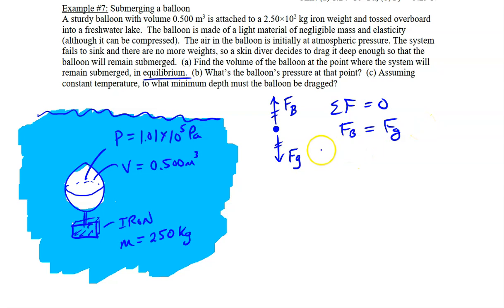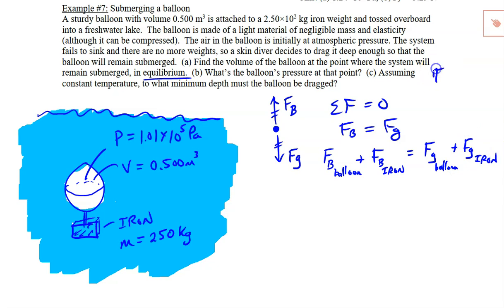So the buoyant force is really composed of two buoyant forces. We have the buoyant force from the balloon and the buoyant force from the iron. And then similarly we have the weight of the balloon pushing downwards, and the weight of the iron going down.